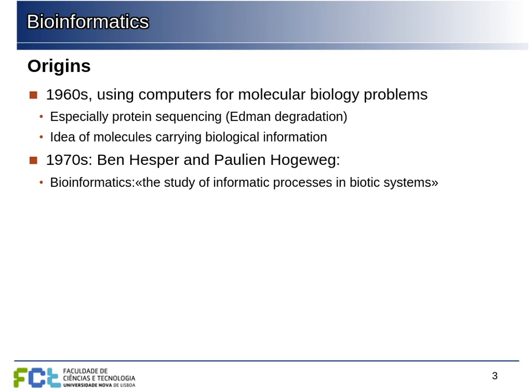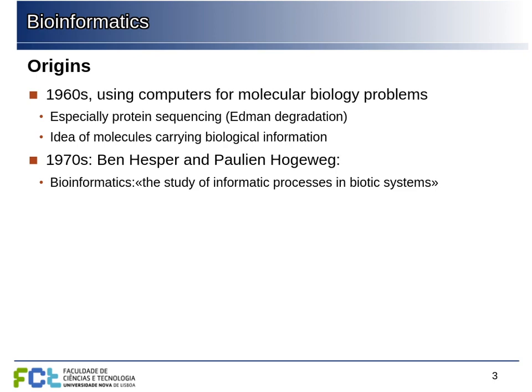And also in parallel, there was growing in the biological community this idea that these complex molecules like proteins and DNA would carry biological information. So in the 1970s, theoretical biologists Hesper and Paulien Hogeweg proposed this term bioinformatics as referring to the discipline that studies information flows in biotic systems.